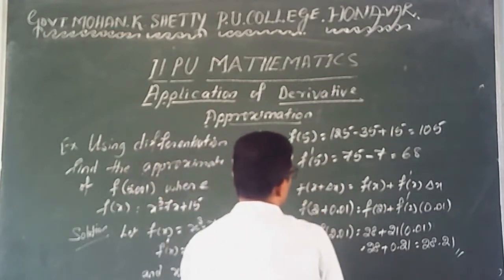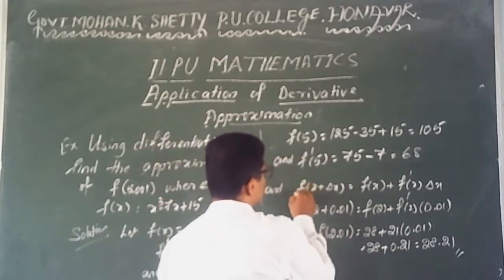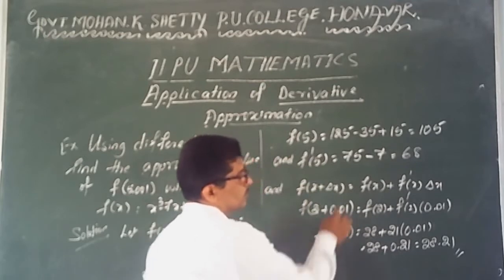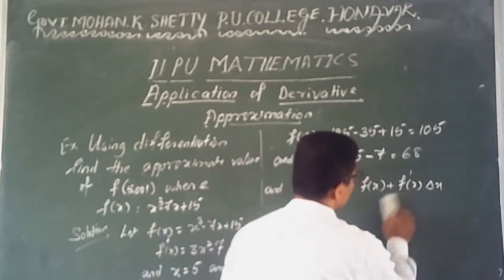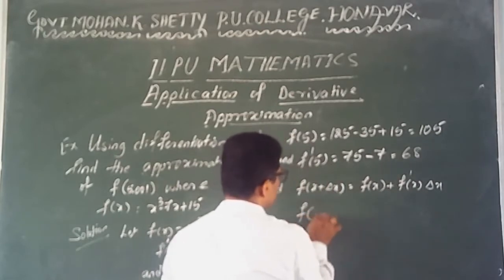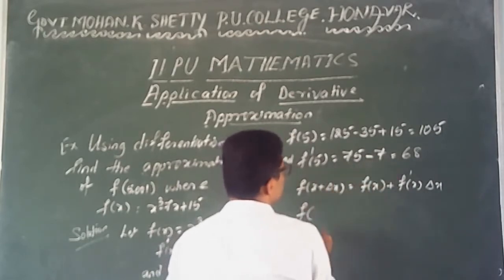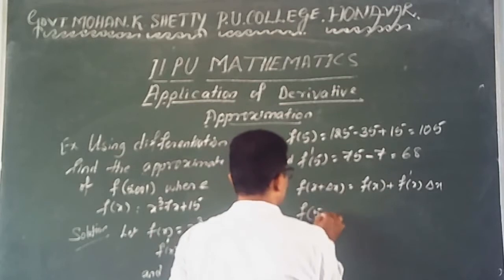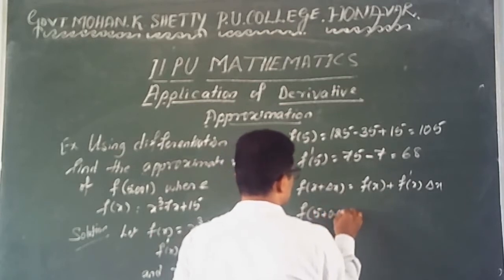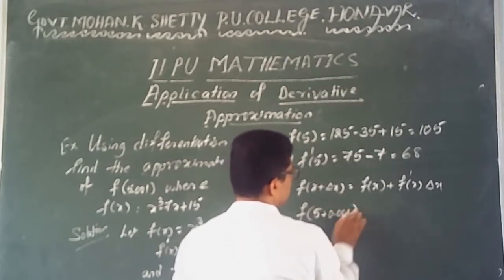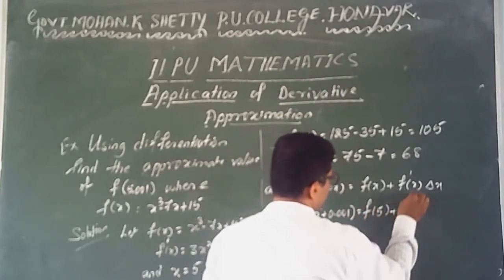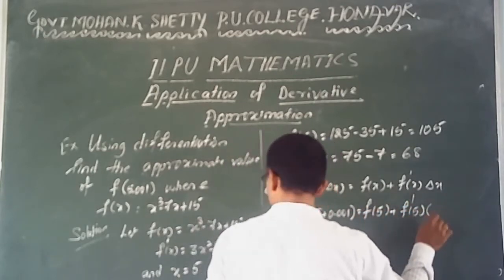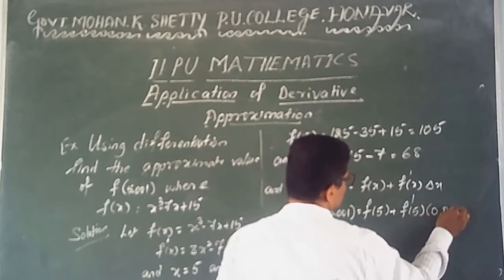And also you know that f of x plus delta x is equal to f of x plus f dash x into delta x. Then find the approximate value of x plus delta x. X means 5, delta x means 0.001. Its value is equal to f of 5 plus f dash of 5 into delta x, which is 0.001.